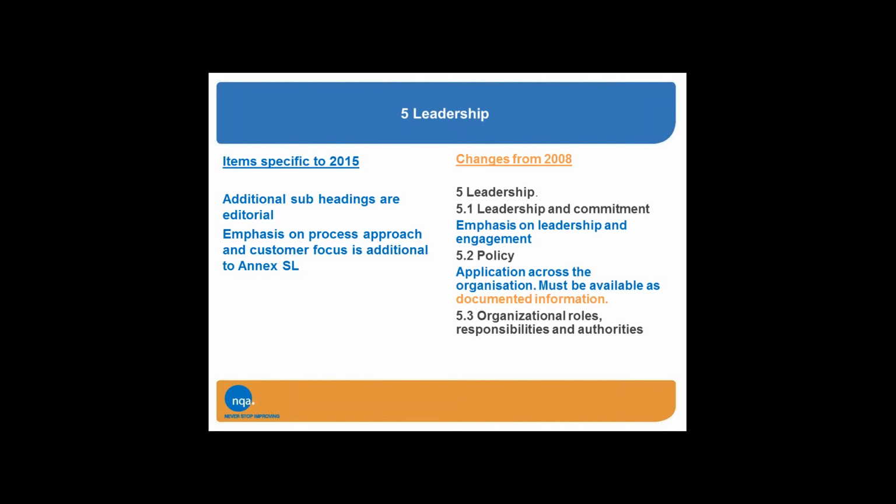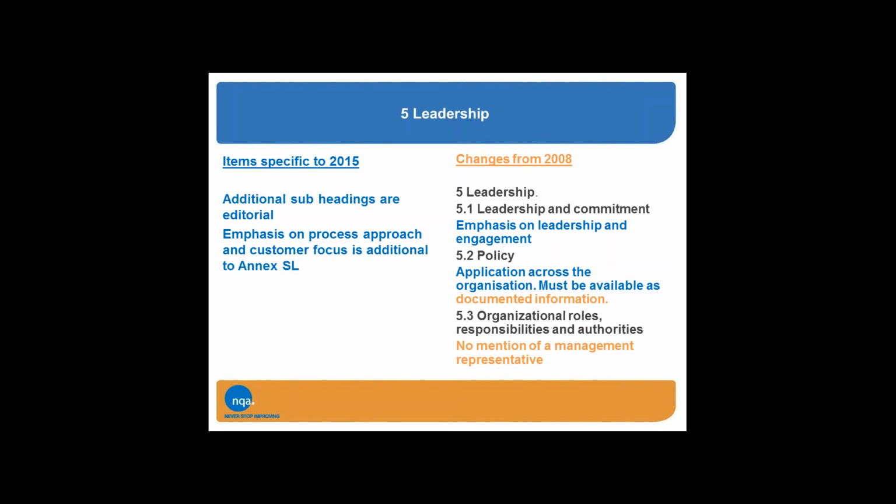So again, this is something that's just emphasized a bit more in the 2015 standard. And we see straight away here a new term or a variation of a term that's come in with Annex SL and hence into the 2015 standard, this reference to documented information. So it's a change of terminology that we're looking at. And in organizational roles, responsibilities and authorities, there's no mention of a management representative.